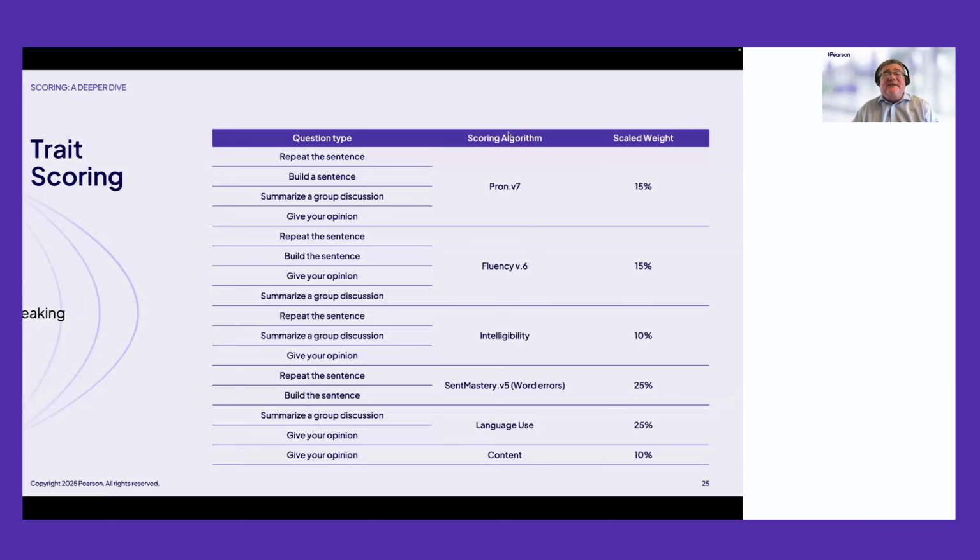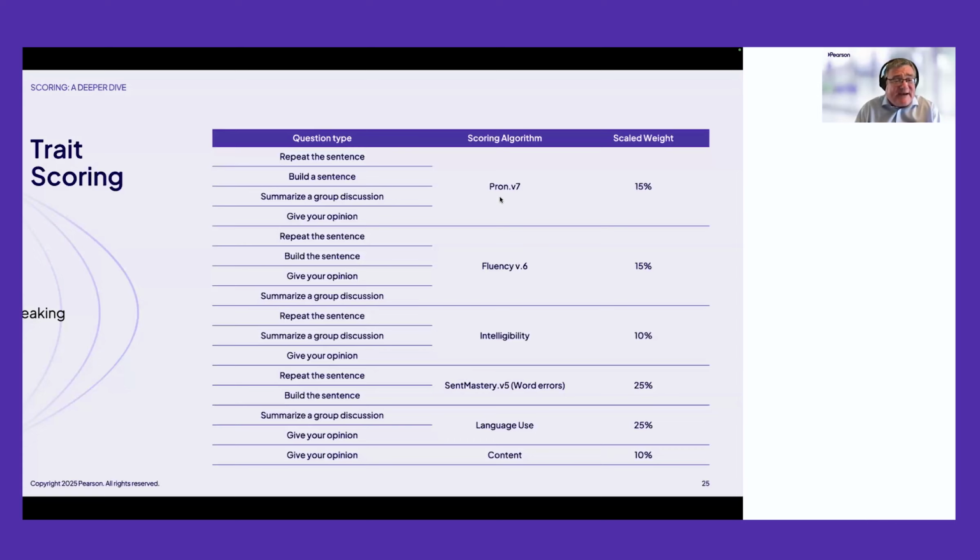So you can see here, these items all feed into the scoring algorithm of pronunciation. The other items as well all feed into the scoring algorithm of fluency.